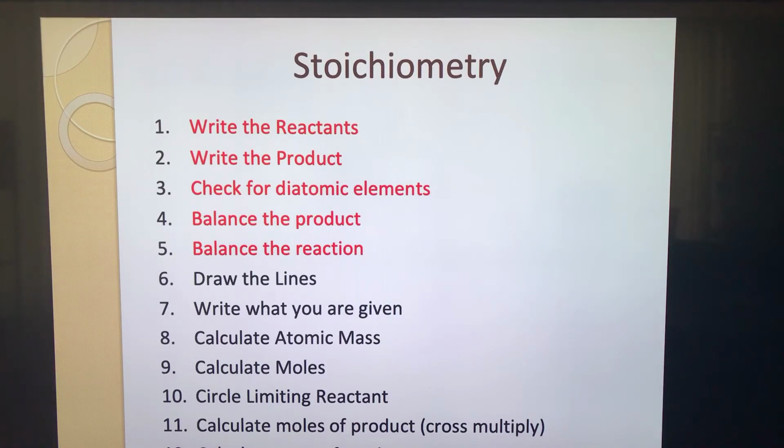Number 10, we do a little comparison and find the limiting reactant. Limiting means the one we're going to run out of first. And then we use the limiting one along with our product, and we do some cross multiplication there, cross multiply and divide. And last, a little multiplication and calculate the mass of the product. All right, let's go on over and we'll do a little example here.